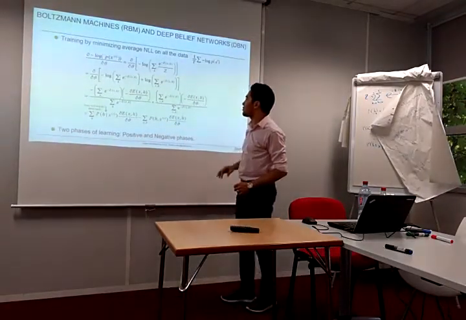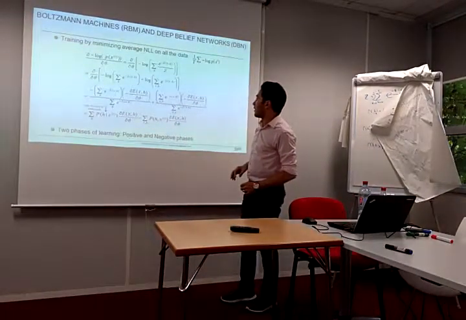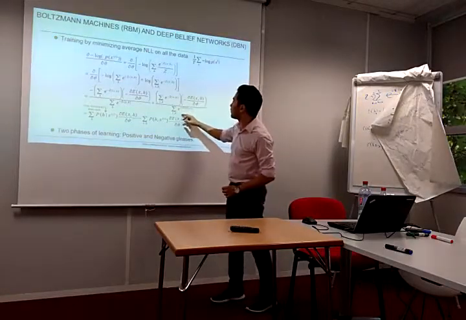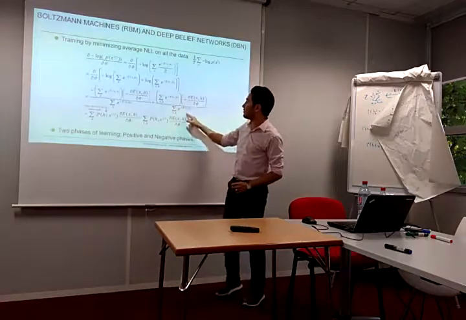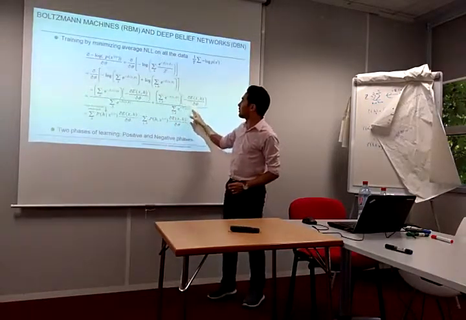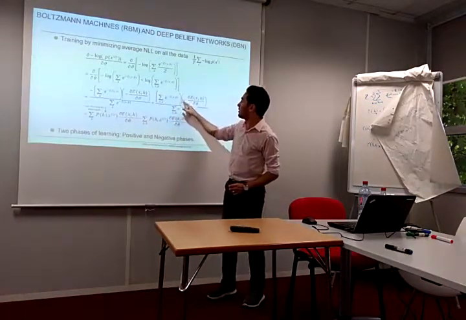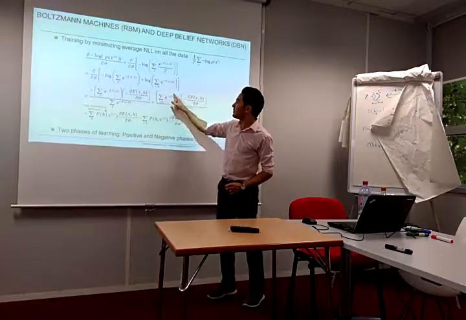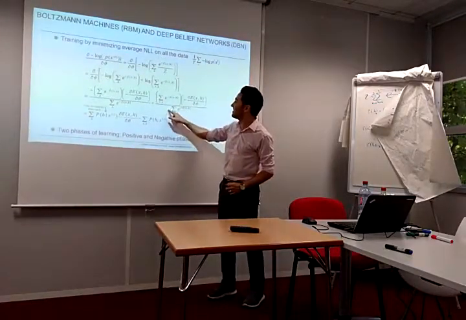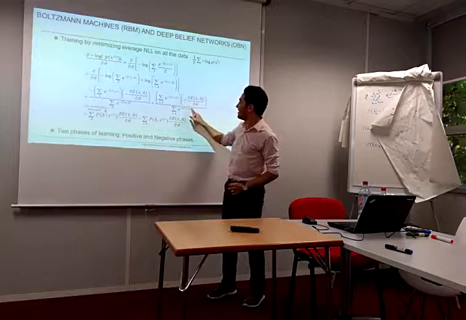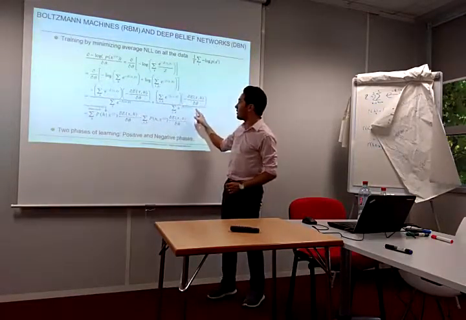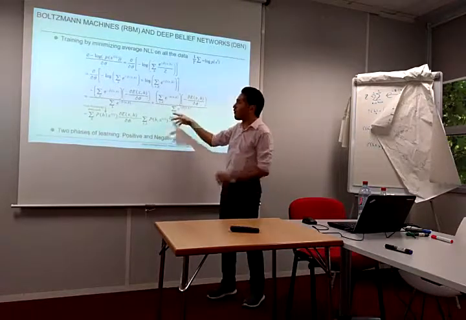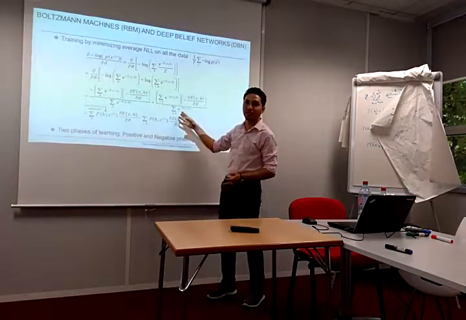Okay, what about this shape? Does this remind you of something? What do you think? I need an answer, please. E to the power minus E over summation of the same over all the possible values of x and h.